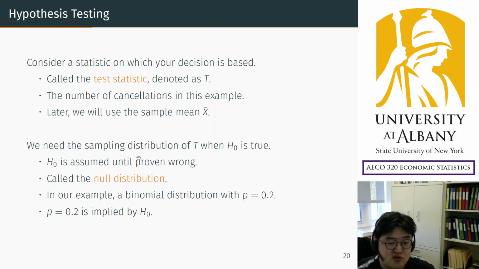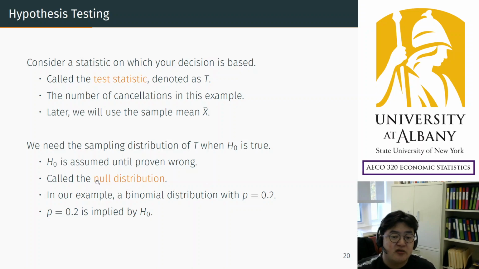Once you calculate the test statistic, you need to think about the sampling distribution of the test statistic under the belief that your belief is true. Under the belief that the null hypothesis is correct, in our example, under the belief that the customers are innocent, what would be the probability distribution of the number of cancellations?